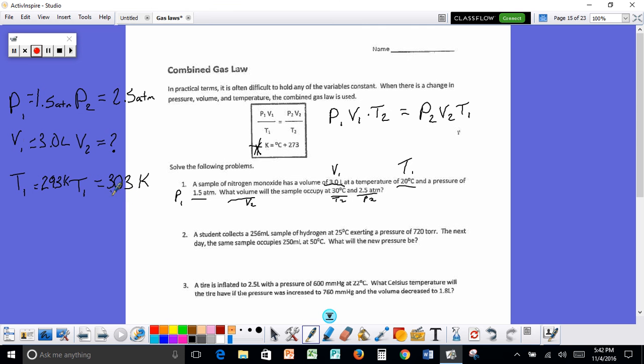If you don't know how I got these numbers, I simply added 30 plus 273, giving me 303, and 20 plus 273, giving me 293.